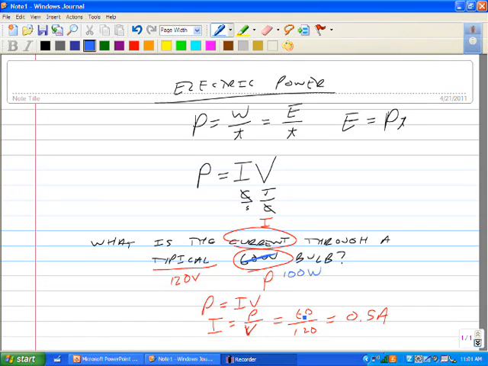Because now this becomes 100, and I get 0.83 amps. And that doesn't surprise you, right? Because the higher power rating plugged into the same voltage would mean there has to be a higher current.